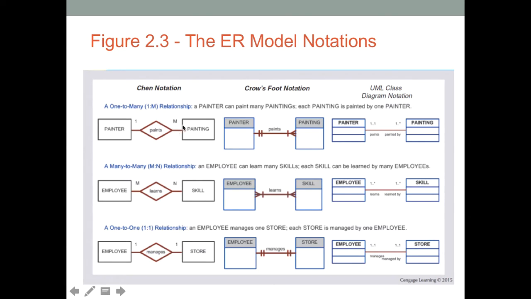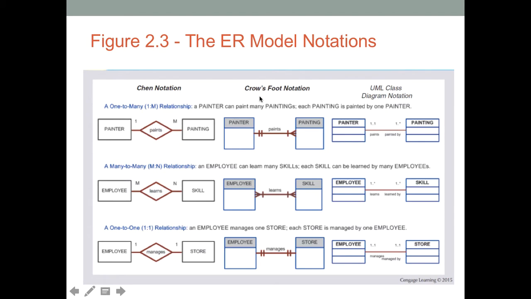Relationships are represented by a diamond connected to the related entities through a relationship line. The relationship name is written inside of that diamond.